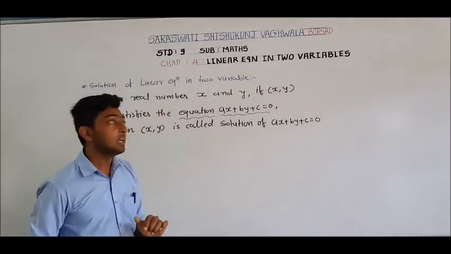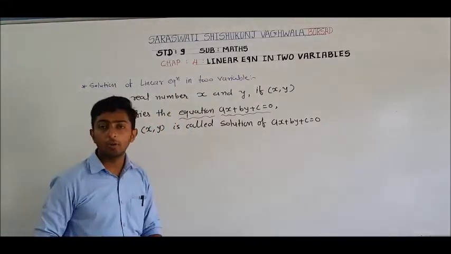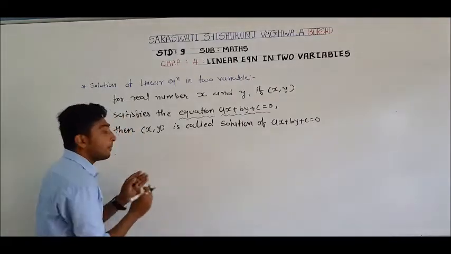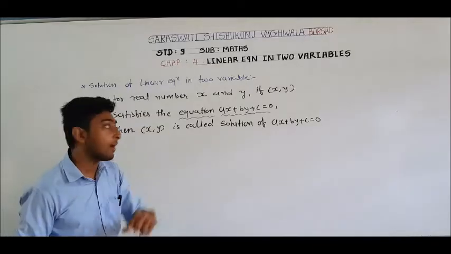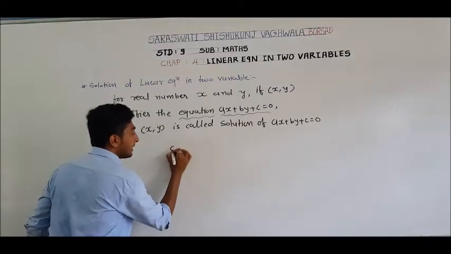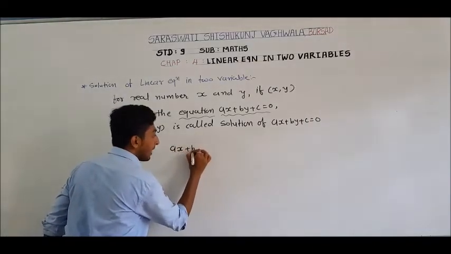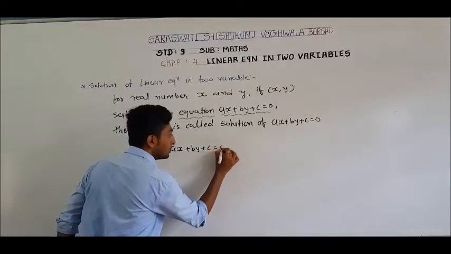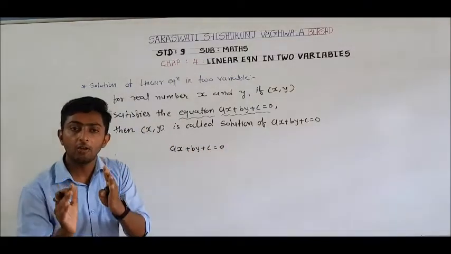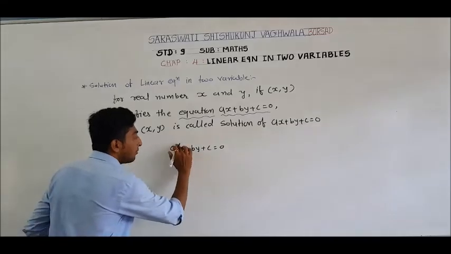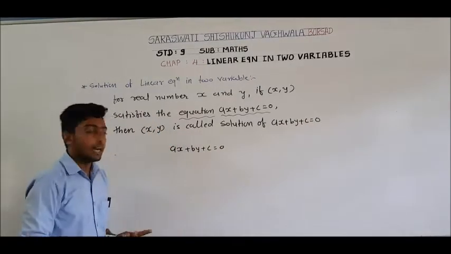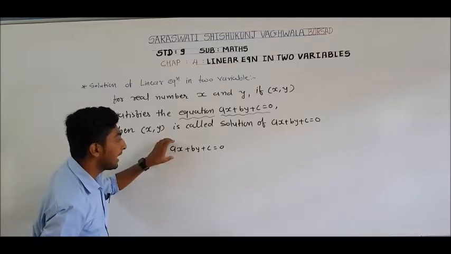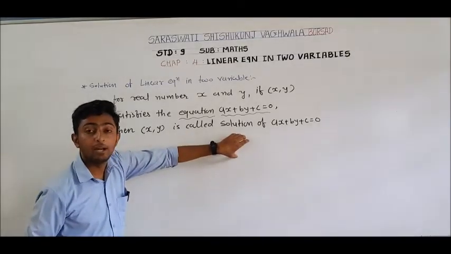So how to find the solution of linear equation in two variables? You have to find the value of any one variable, x or y. We write ax plus by plus c equal to 0. I want to find the value of y. That means I have to take ax to the other side; if I take ax to the other side, the sign will be changed.